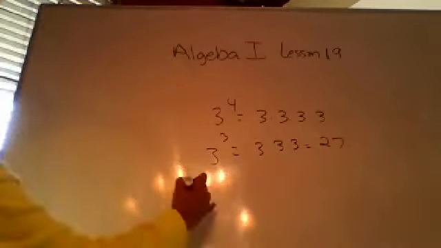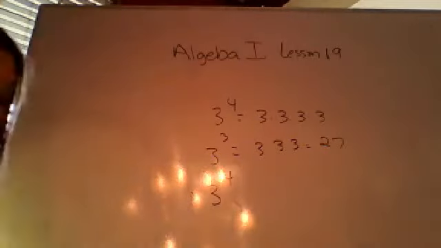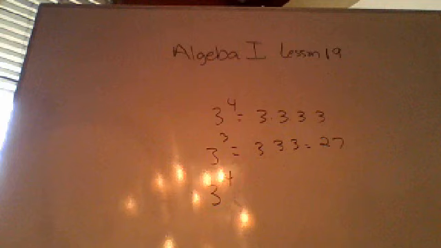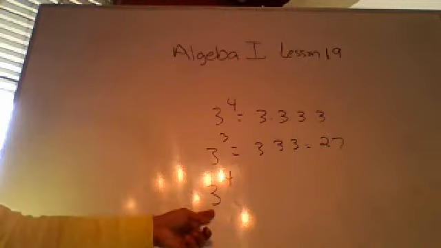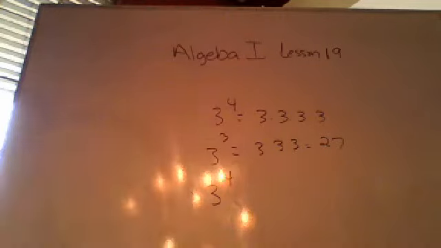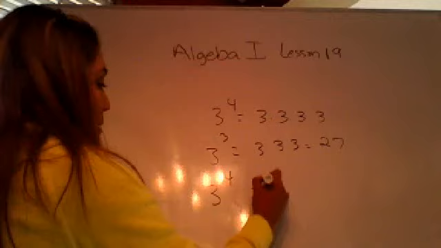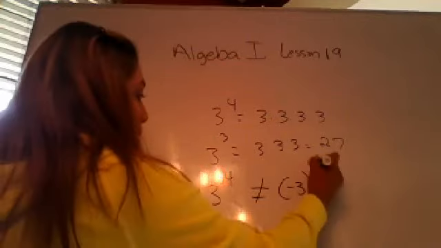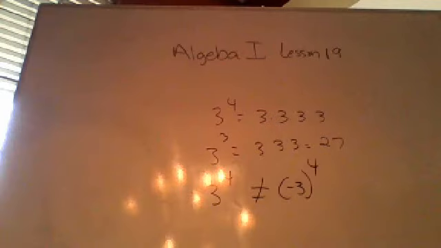Now let's look at this one. Negative 3 raised to the fourth power. We have to be careful because this means the opposite of 3 to the fourth, and it does not mean negative 3 to the fourth.